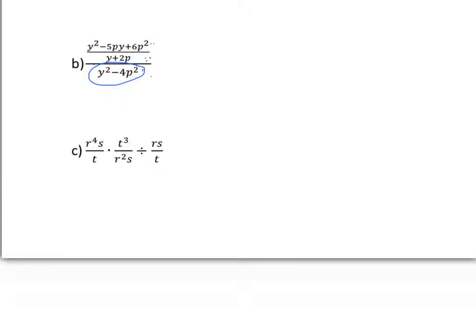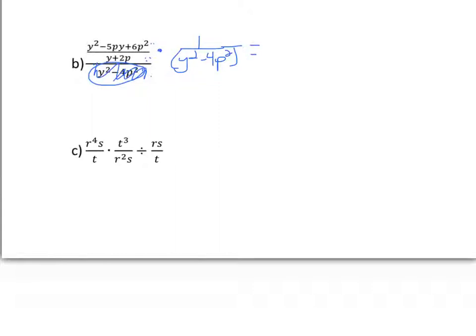So we take this whole fraction and multiply it by 1 over y squared minus 4p squared, because what we've really got here is this divided by that. Now it becomes an easier multiplication problem.